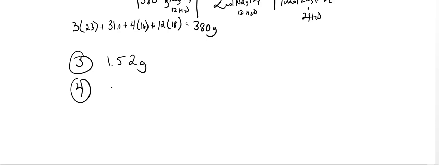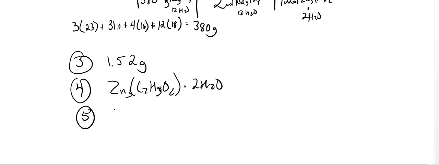Number 4, your limiting reactant, of course, will be the zinc acetate. And your excess is the sodium phosphate.